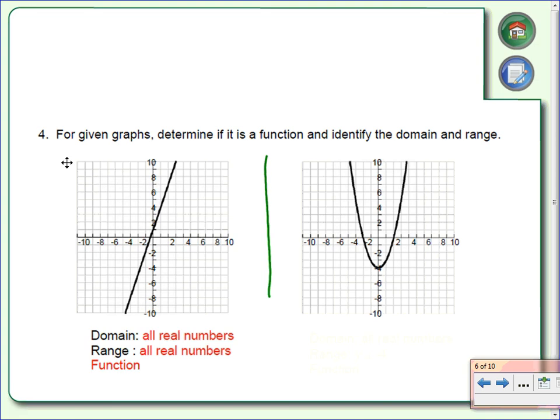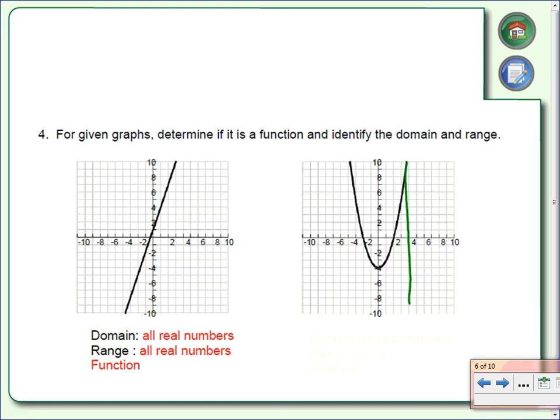The second graph we have over here, this U shape, now we're going to determine if that one is a function. So let's take the green line, the vertical line. If I place it here, notice the green line is only touching the U shape just one time. If I move it over a little more, notice it's still only touching one time.